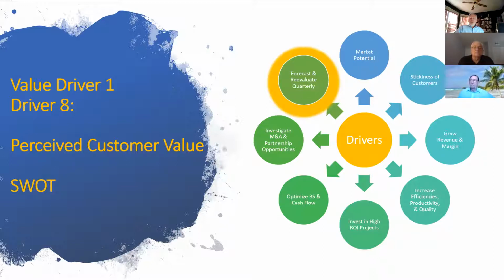Value driver number one, which is market potential, because this perceived customer value concept really is what drives the whole business. The customer drives the business, the niche market drives the business. Sure, you've got to measure that with accounting. You have management issues, all of these things that we've talked about over the weeks.